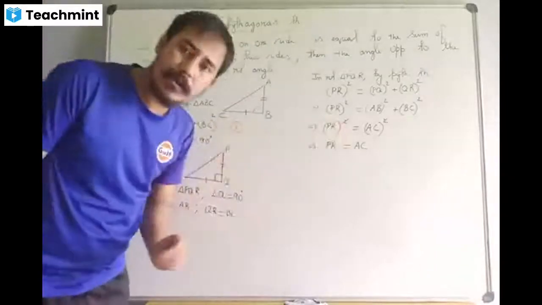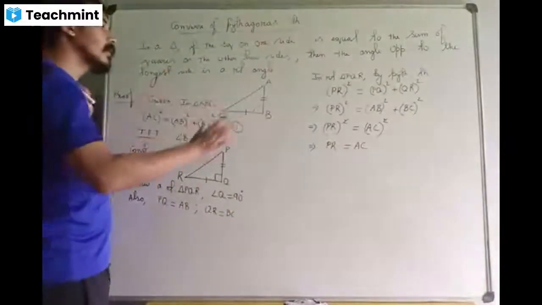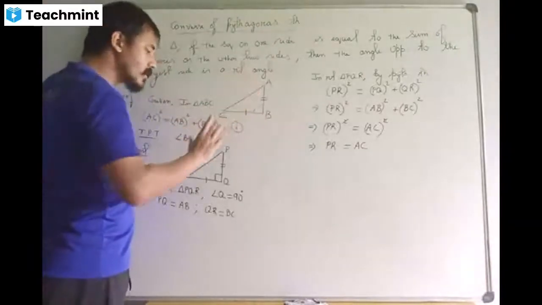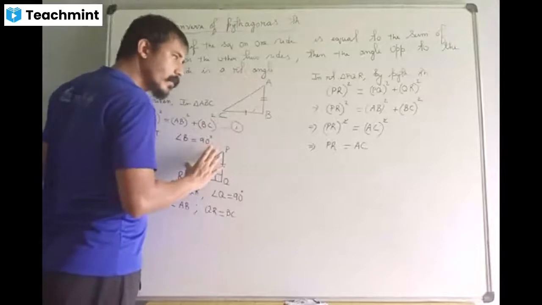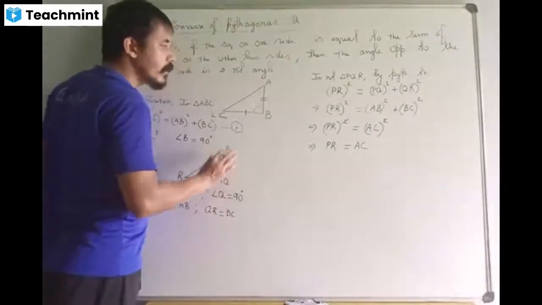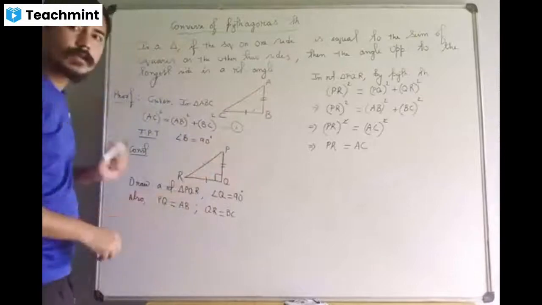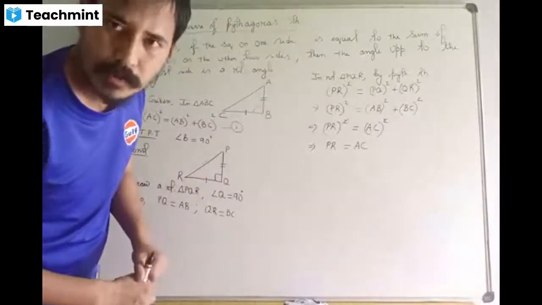But now we have also proved that the length of the third sides are also equal, which makes triangle PQR and triangle ABC not only similar but equal in size as well.